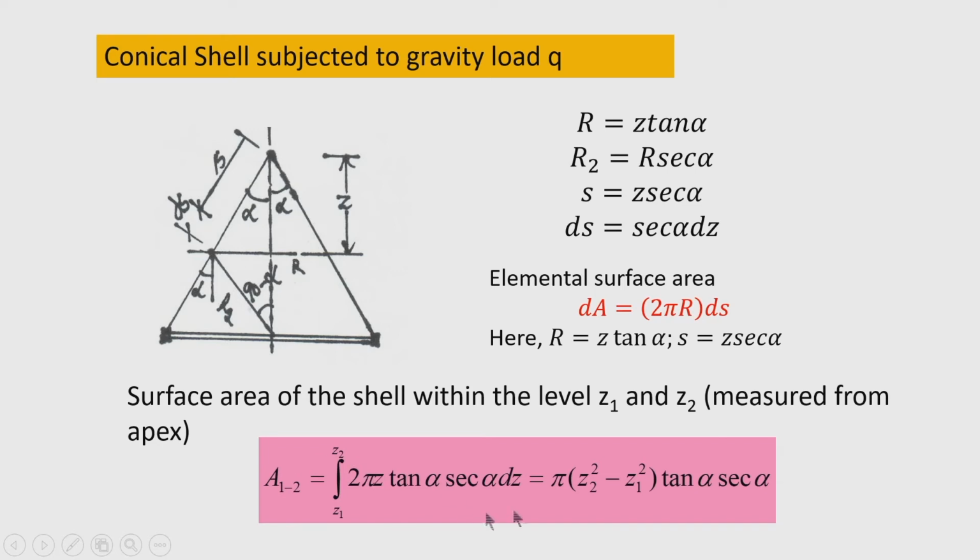Once I get this expression, after integration we find the area of the surface of the conical shell between the levels z 1 and z 2 equal to pi into (z 2 square minus z 1 square) into tan alpha sec alpha. So, this is the area of the shell between the two levels z 1 and z 2.